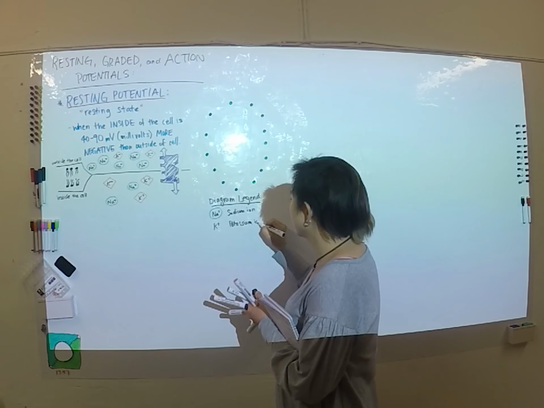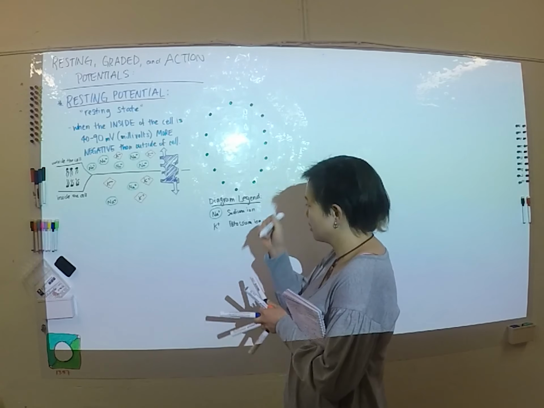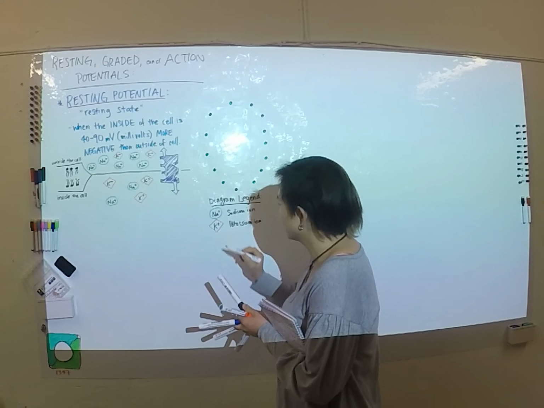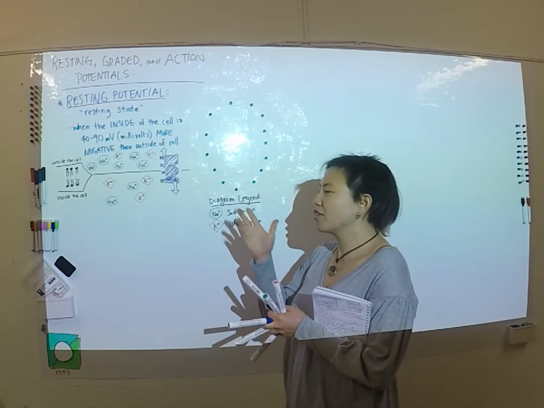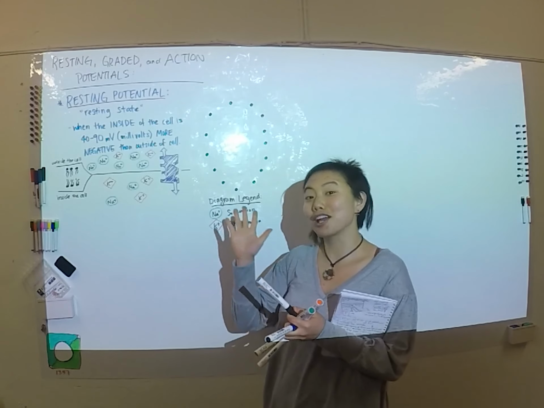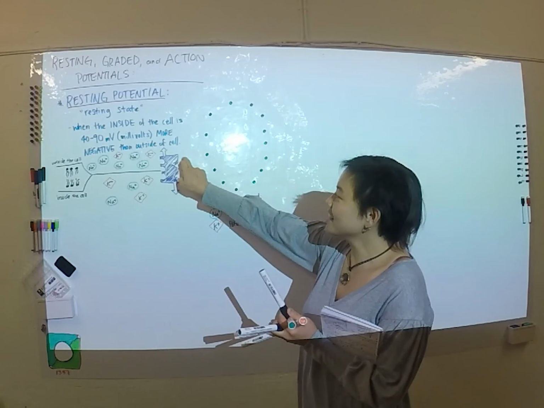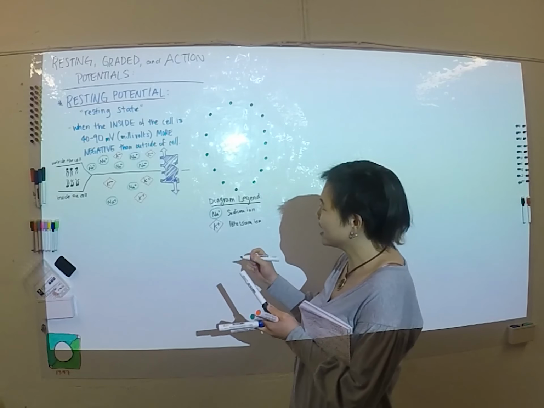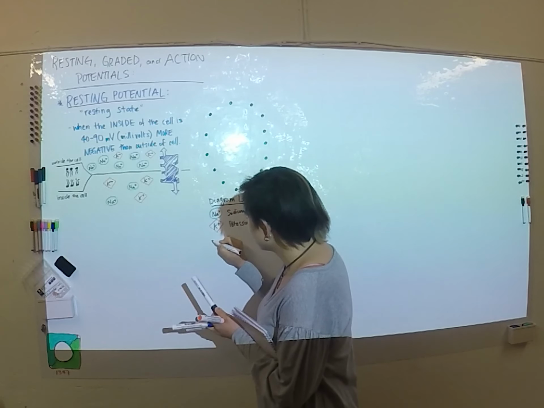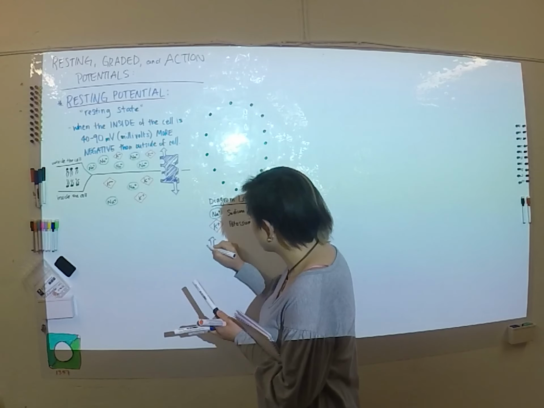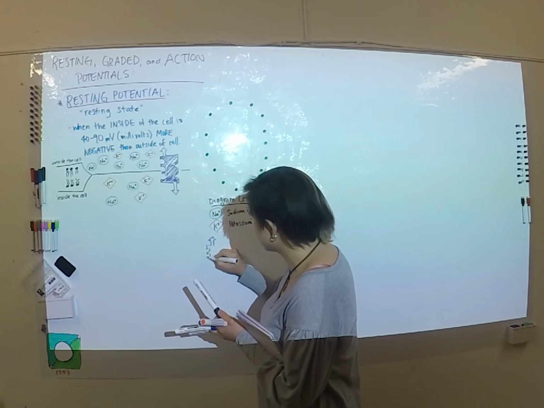Potassium ion, which has an orange diamond shape around it. They don't actually have these shapes, I'm just using these right now to symbolically represent them, okay? And this big guy over here is our sodium-potassium pump. So let me draw a smaller version.